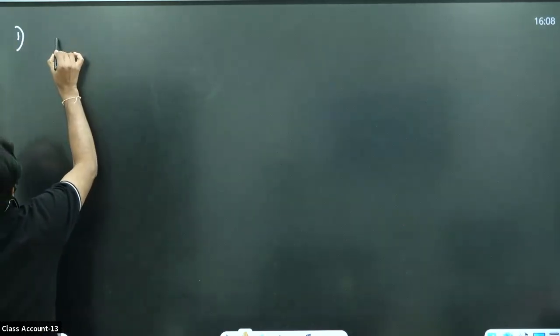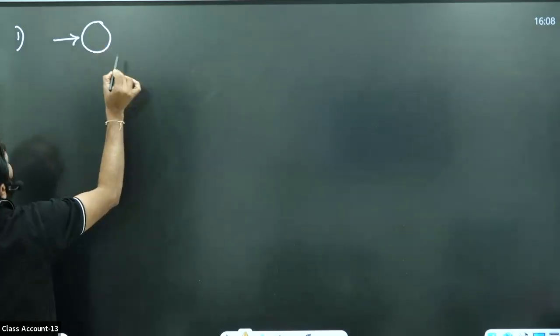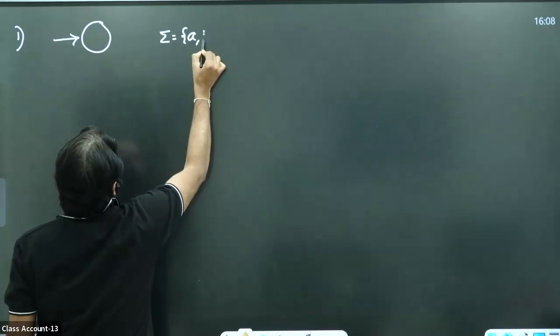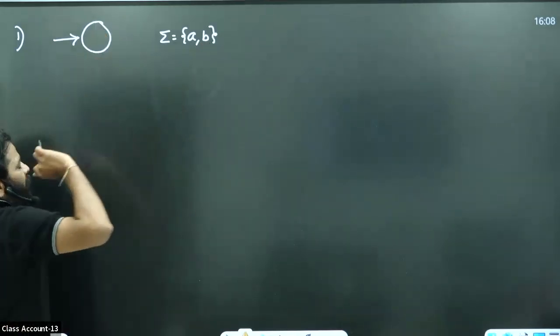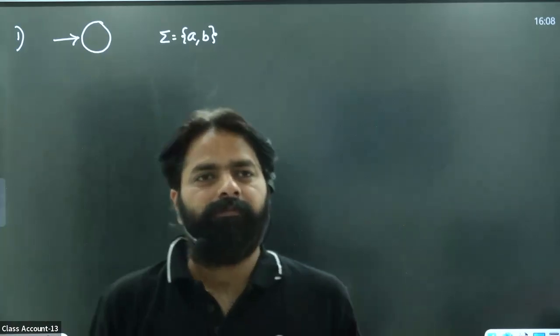Okay, first one, assume sigma is A comma B. Tell me, is this machine a DFA or NFA? Only one state is there, no final state. Is it satisfying the definition of DFA or NFA?